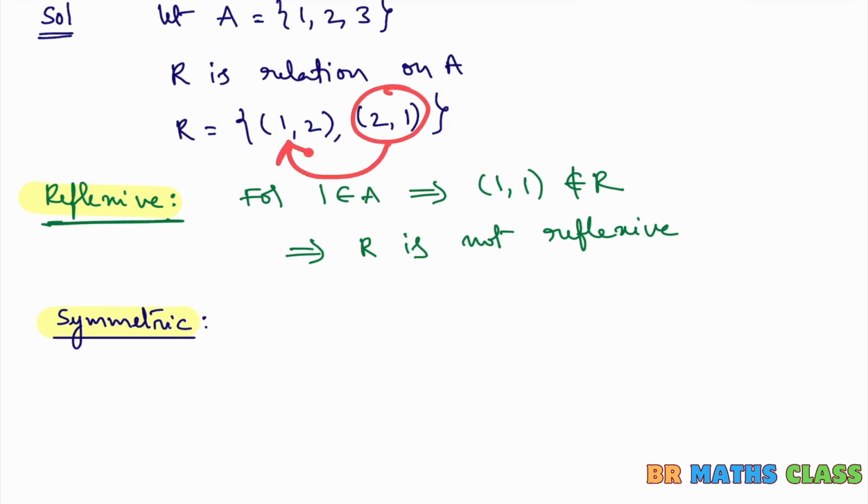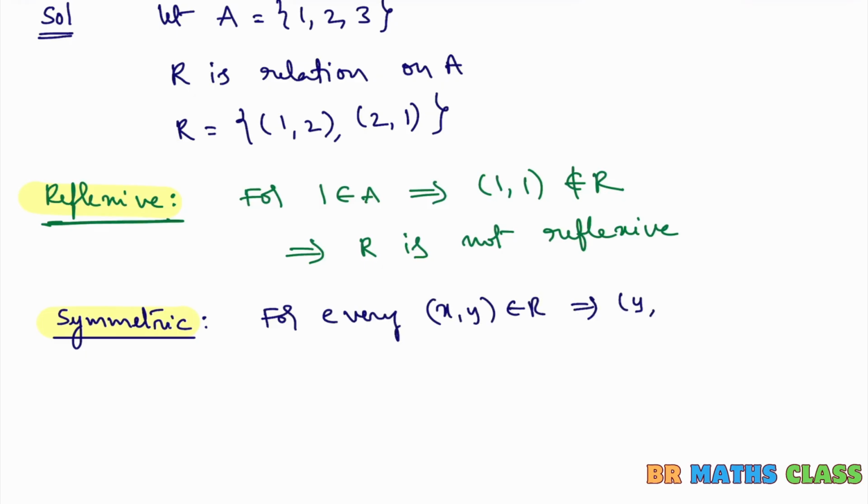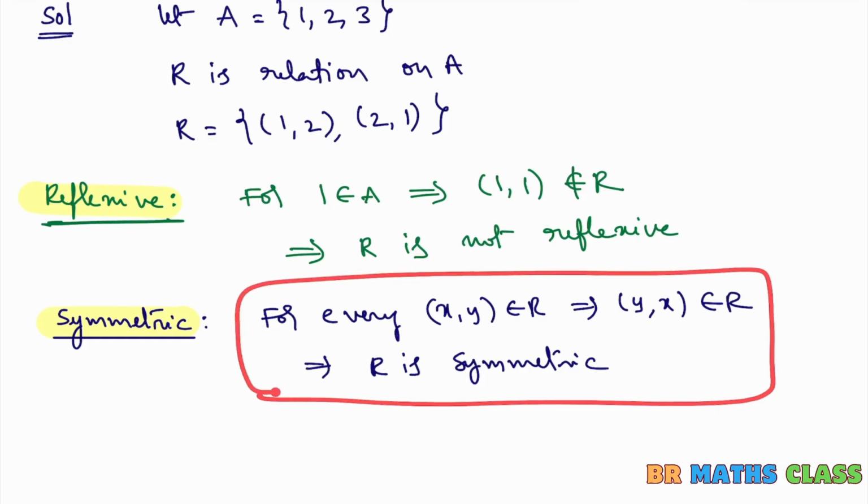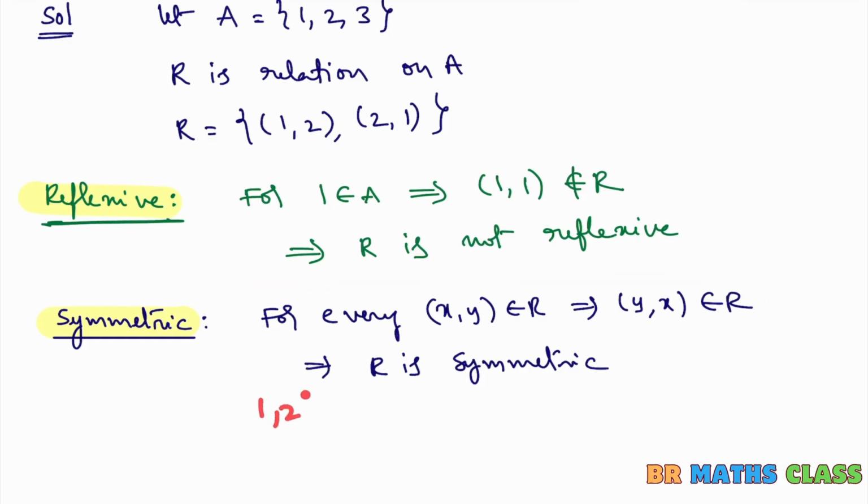Yes, here it is. That means what happened? For every (x, y) in the relation, (y, x) also belongs to the relation. Therefore, the relation R is symmetric. You observe how I wrote the answer. I wrote the answer in the form of the definition. Here you cannot write like this: (1, 2) belongs to R implies (2, 1) belongs to R.